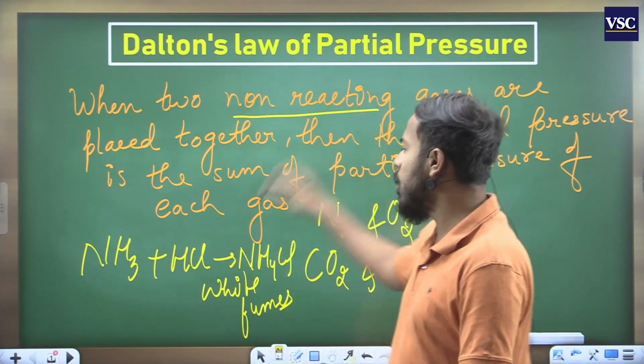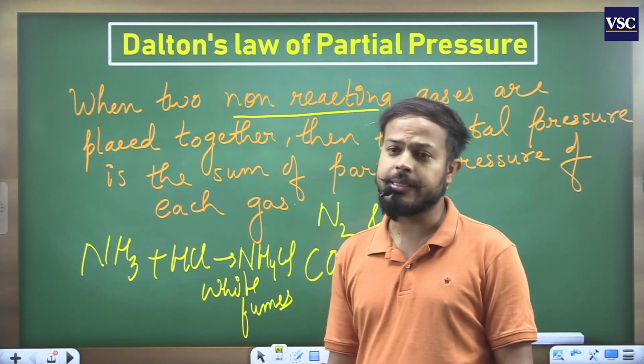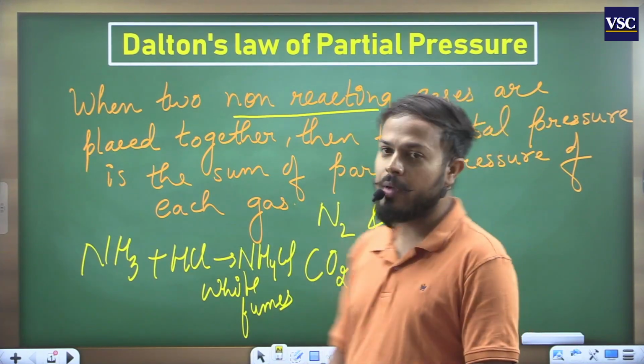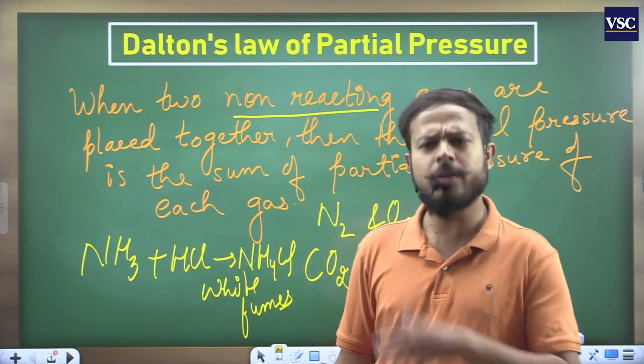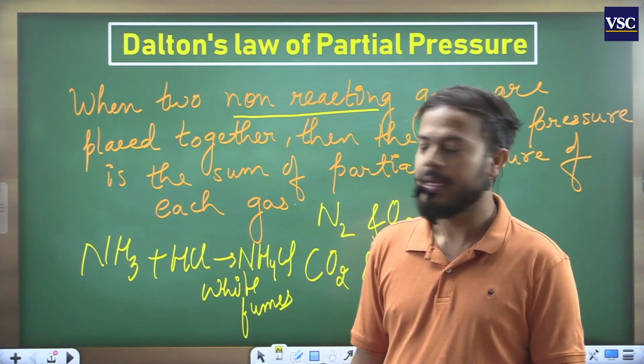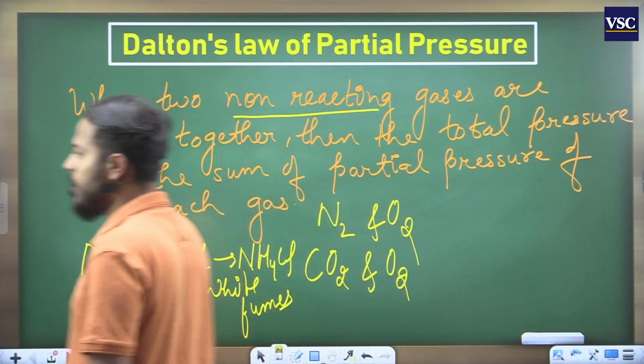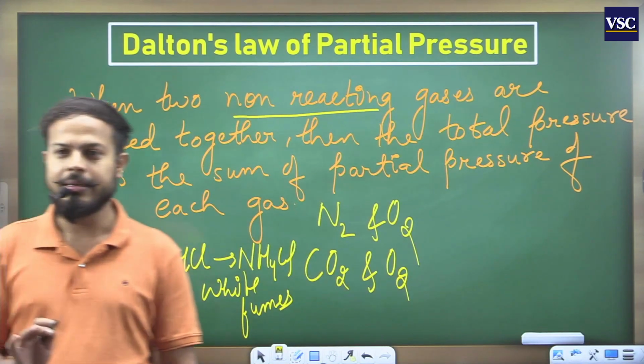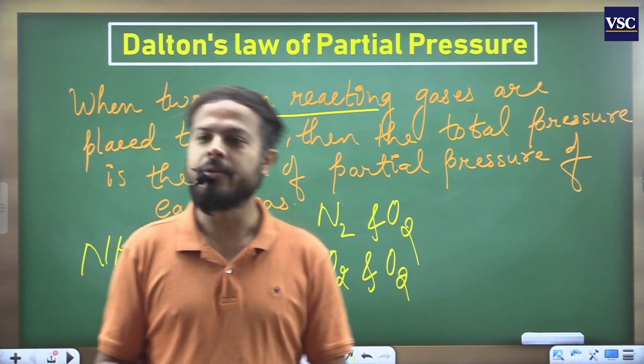So Dalton's law cannot be applied on NH3 and HCl, but it can be applied on N2 and O2, CO2 and O2, and all the other non-reacting gases. First of all, it should be clear what reacting gases and non-reacting gases are.